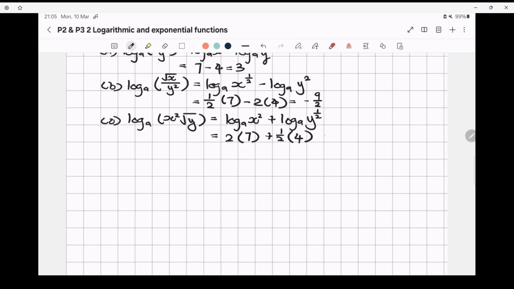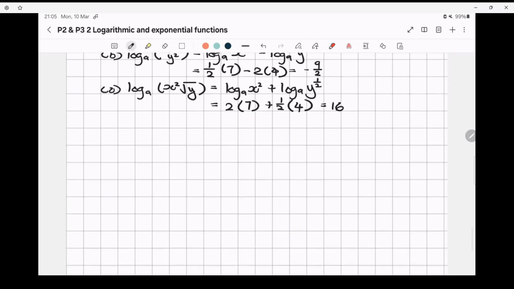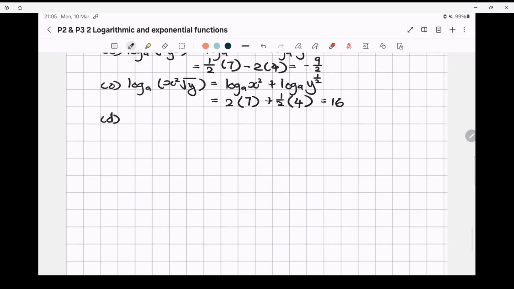So that will be 16. The last one, log base a of y divided by the cube root of x.